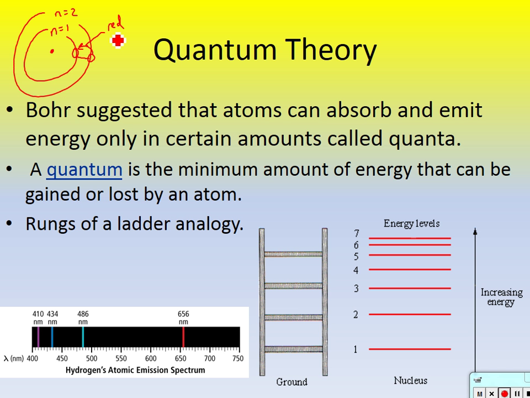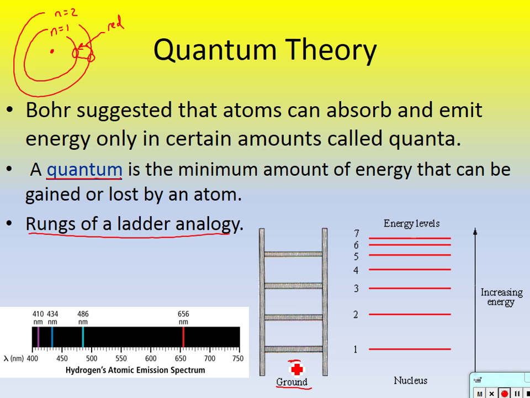So if it's just 1 energy level difference, it might be red. So a quantum is the minimum amount of energy that can be gained or lost by an atom. So this difference right here would represent a quantum. It's the minimum amount of energy. And so there's this rungs of a ladder analogy that works pretty good. If you look at a ladder and this is the ground, can you get your foot to the first step if you only raise your foot that high? No. So nothing will happen.